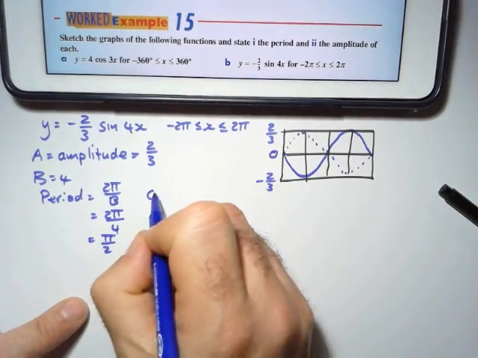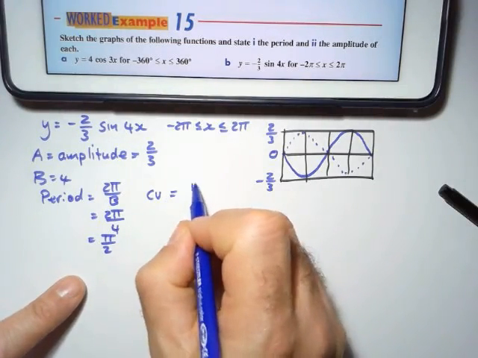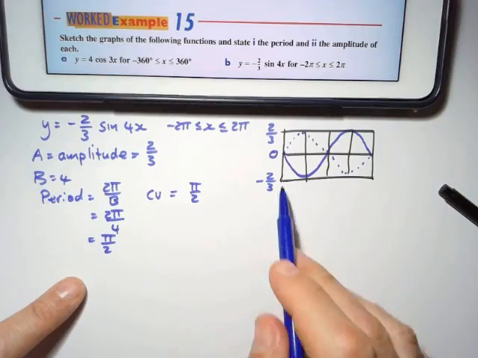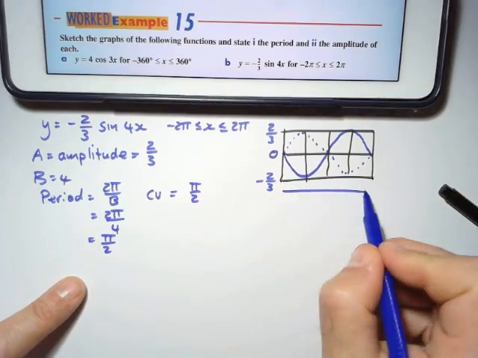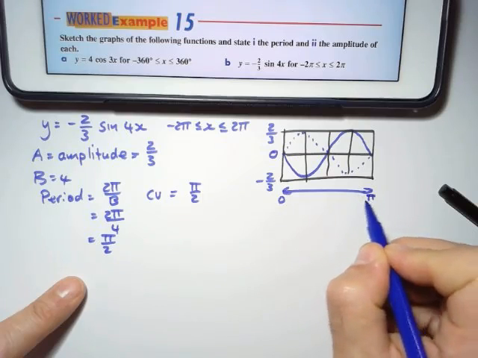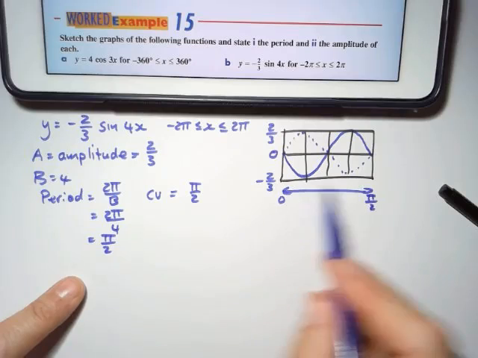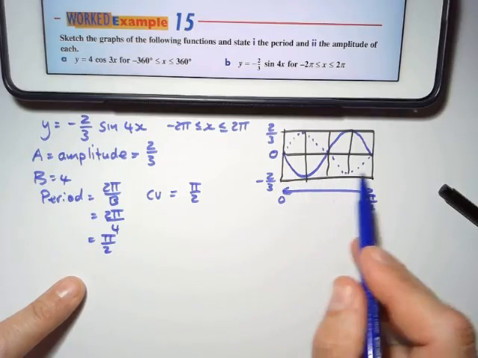I also have to find the critical values. My critical value is pi over 2. So I know that this is my period. This is my period, so this is 0, and this is pi over 2. We want to know how often these happen, so I'm going to take this and divide it by 4.